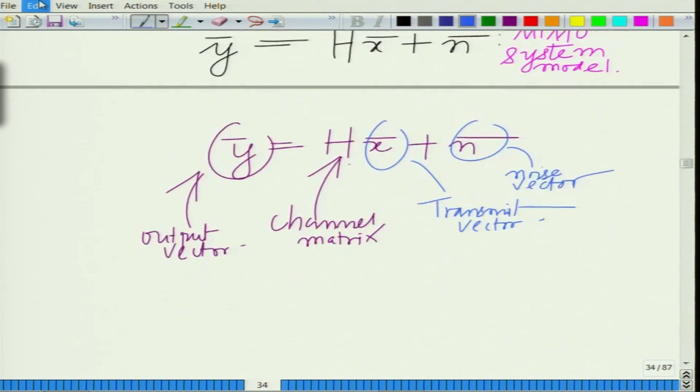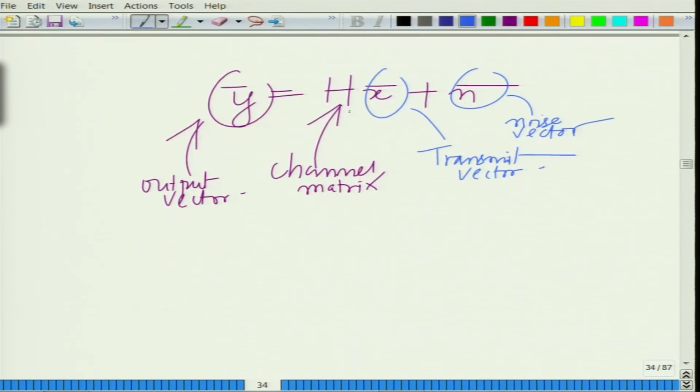And remember we are considering a special case where this is an R cross R matrix. So remember this is only a special case, this is not a general case.